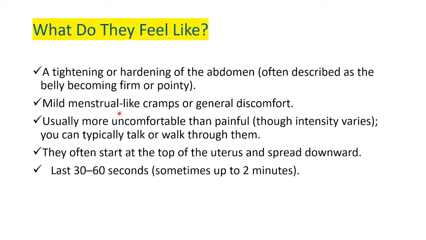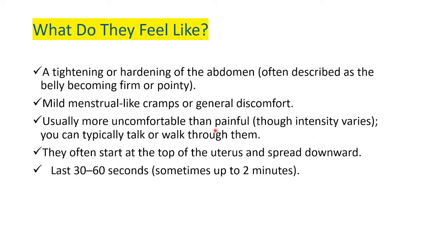So what do they feel like? A tightening or hardening of the abdomen, often described as the belly becoming firm or pointy. There may be mild menstrual-like cramps or general discomfort, usually more uncomfortable than painful, though it varies.